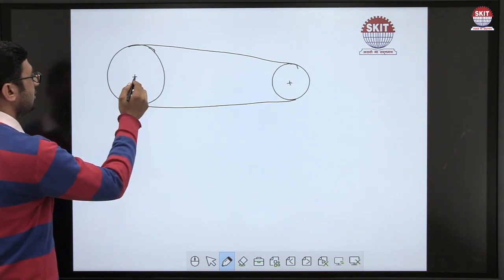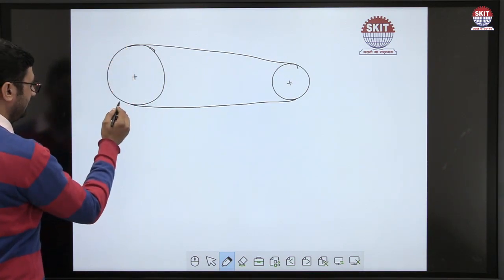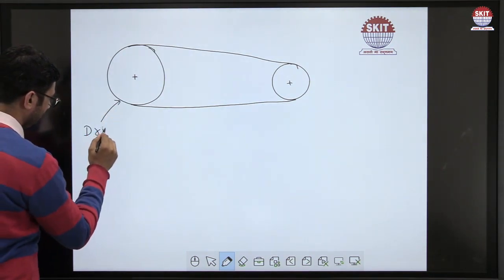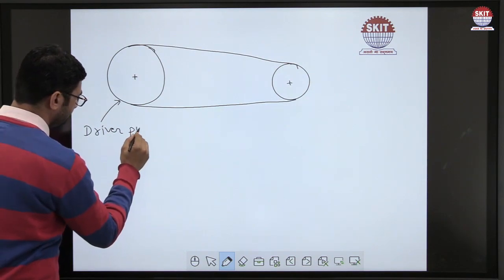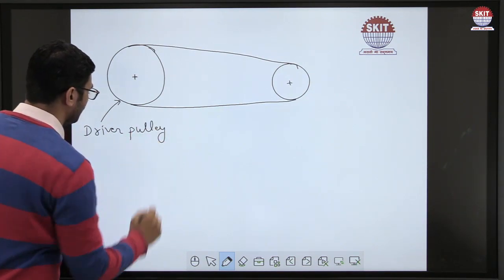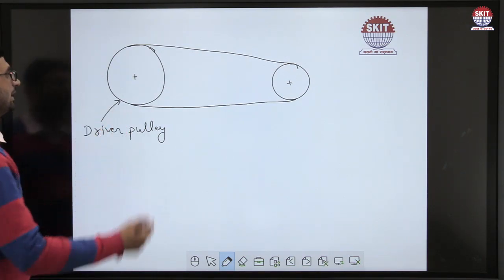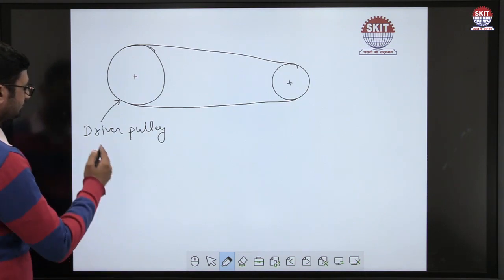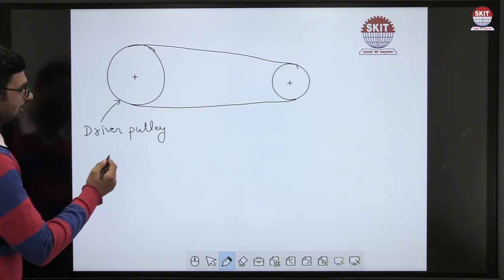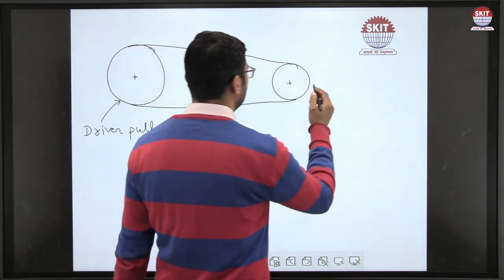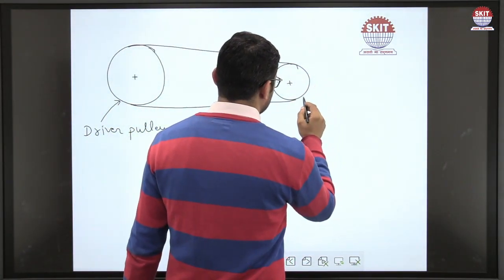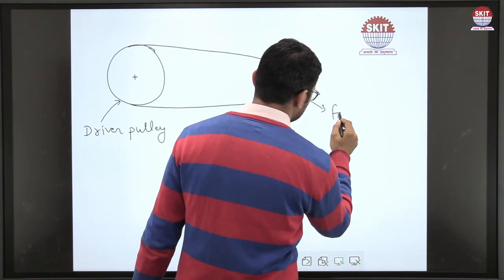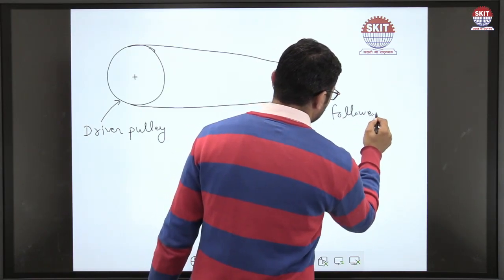Which pulley is known as the driver pulley? Power is supplied to the driver pulley manually or with the help of an electric motor. The other pulley, which receives the power from the driver, is known as the follower pulley.